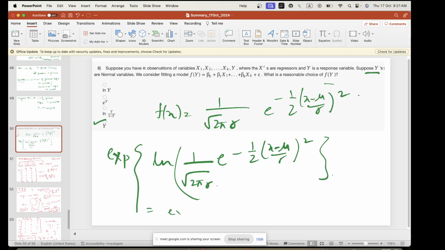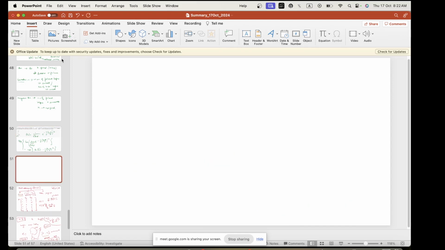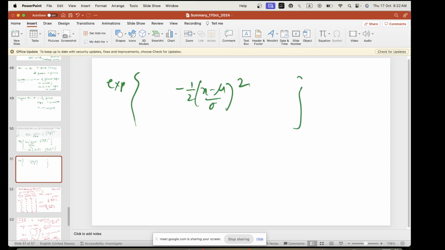So this one we can write as exponential minus ln root 2 pi sigma minus half x minus mu by sigma whole square. So here sigma is actually a nuisance parameter, we are not so much bothered. So if we just expand this part, whatever we have, here we had minus half x minus mu by sigma whole square, right?